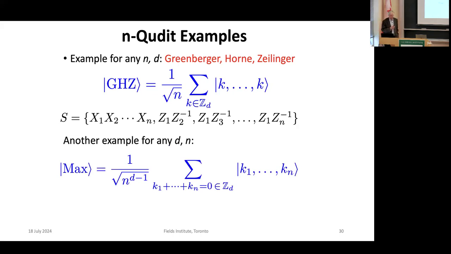So another example of an n-qubit state, which is a stabilizer, is called MAX, and that's the sum of the tensor product where the total charge, k1 up through kn, is 0 mod d. These two states are related to one another by Fourier transform.